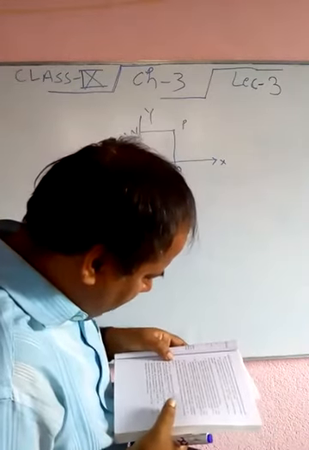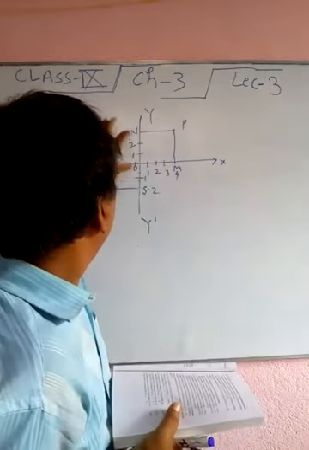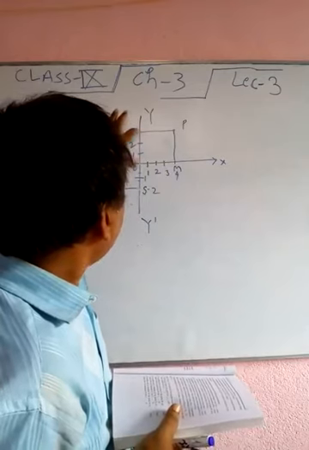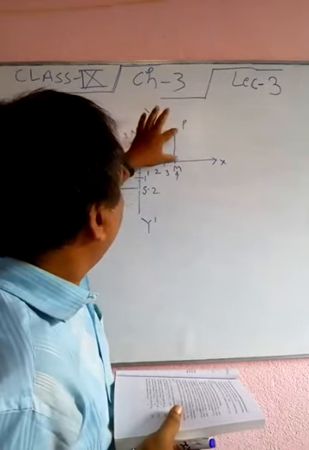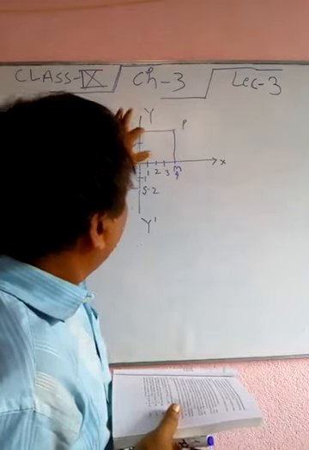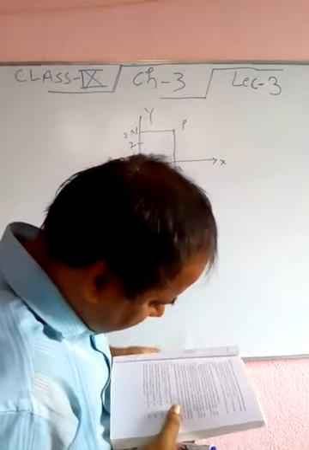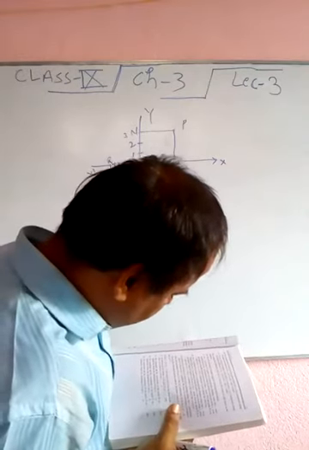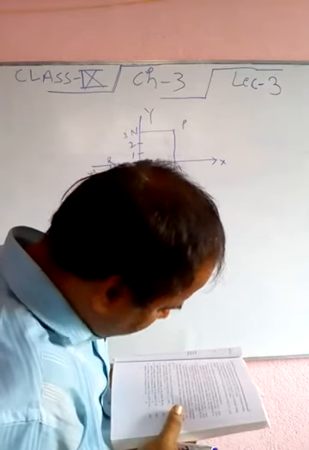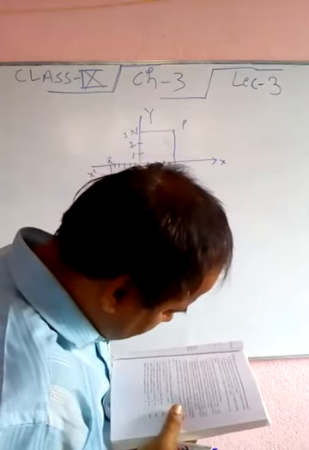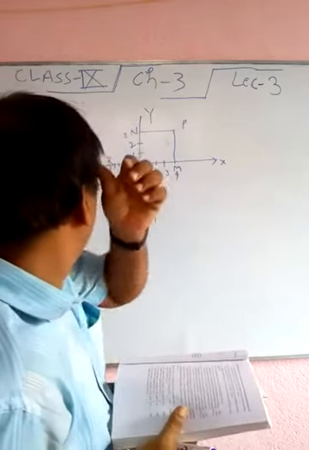The y coordinate of a point is its perpendicular distance from the x-axis, measured along the y-axis: positive along the positive direction of the y-axis and negative along the negative direction of the y-axis. For point P, it is +3.